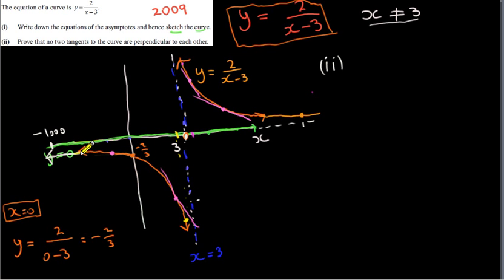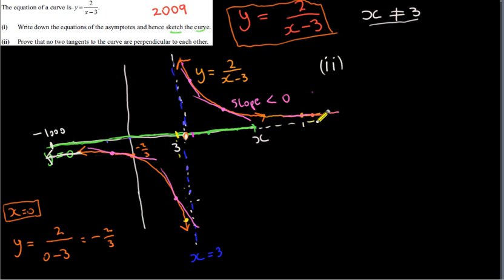Even without doing any calculation, what's noticeable about all of these tangents? Well, all of them have negative slope. The slope of all of them is less than 0. How do we know that? Because the tangents are going in this direction. Even if we take a point here, we have a tangent that's almost horizontal, but it still has negative slope.